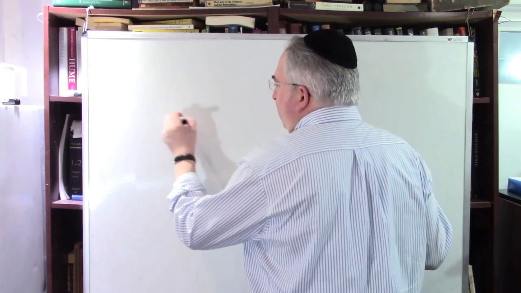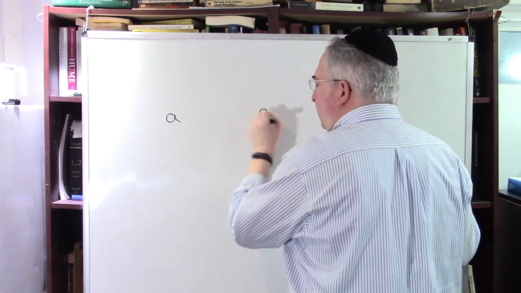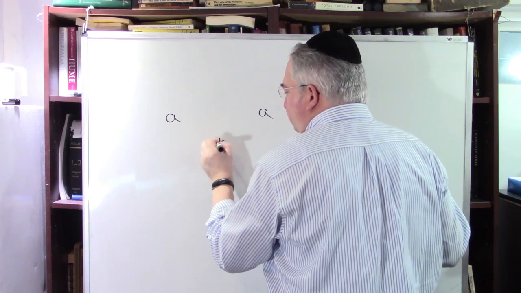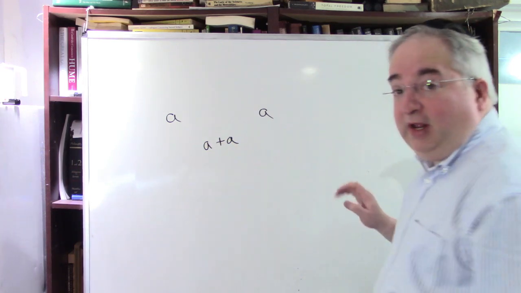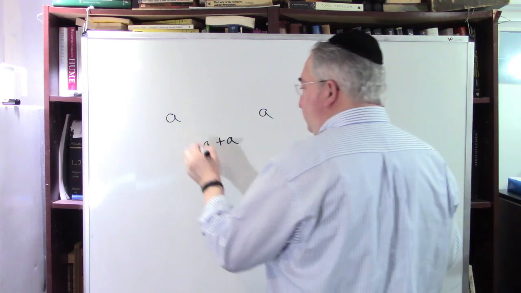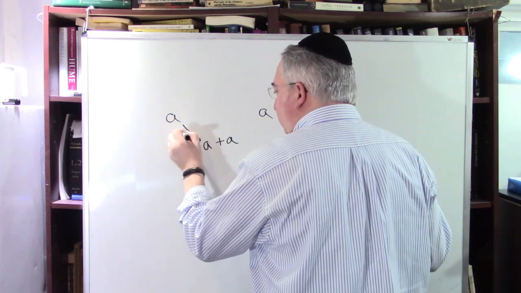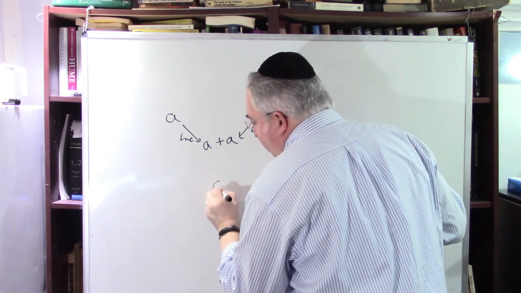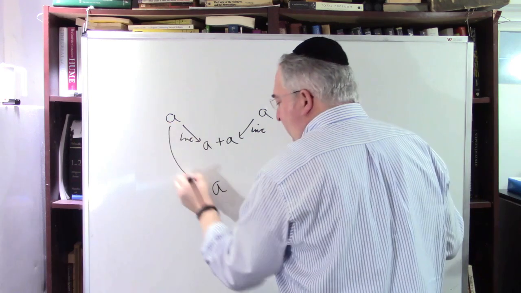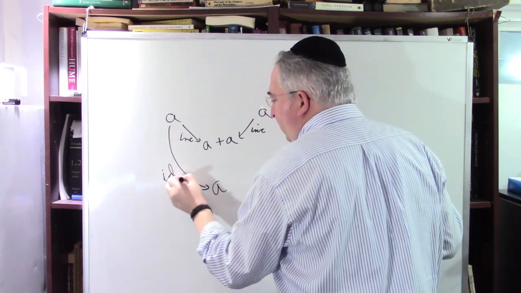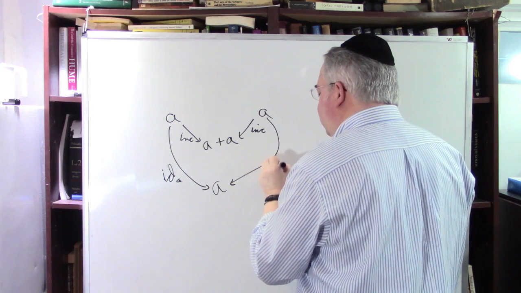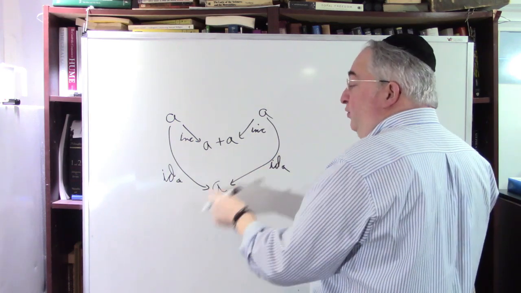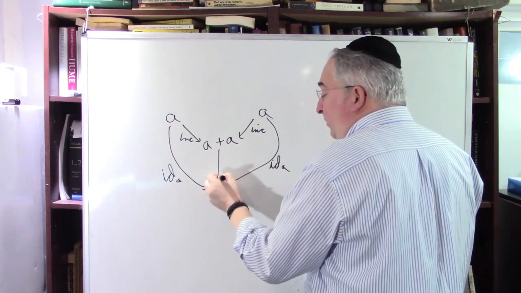Next, what happens if you take A and you do A plus A? Instead of taking two different elements, you take the same element. So you have the inclusion here, you have an inclusion here, and let's say you have the A element here, and you take this as the identity on A. And here's a nice map, identity on A. Well, by universal property of coproduct, there's a map here.